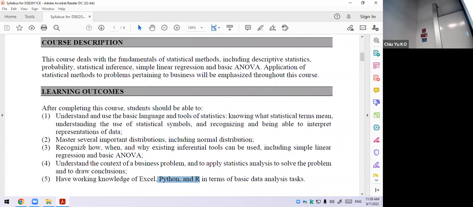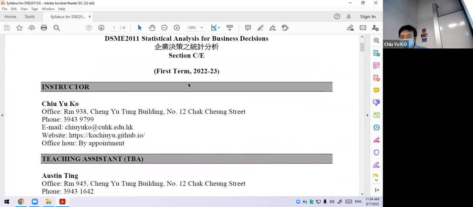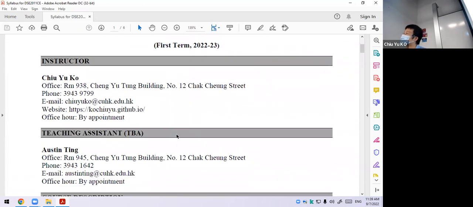So you can register with the link on our course website. Just don't share it outside the classroom because the license is restricted to our class. Sharing with the section C and E people is fine, but outside, no, because I only applied for a license for us.